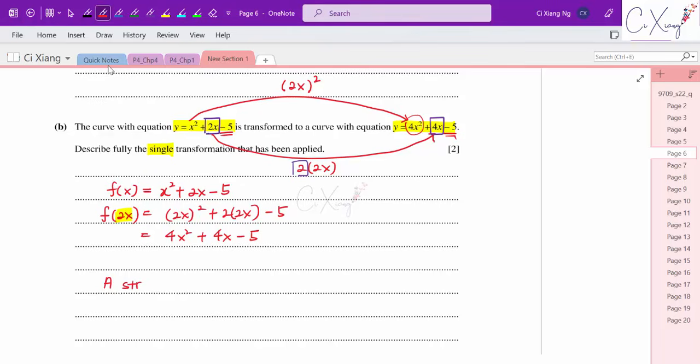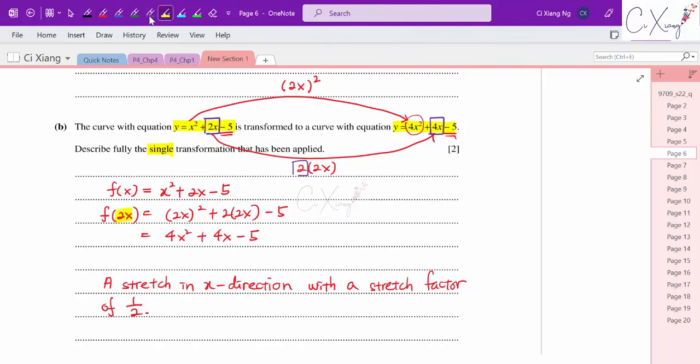There's a stretch in x direction, and we should mention what the stretch factor is. So with a stretch factor of half.